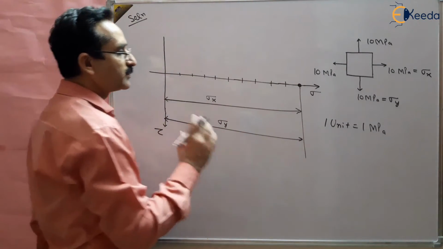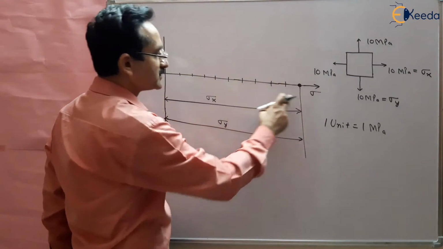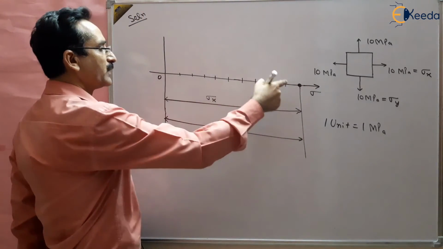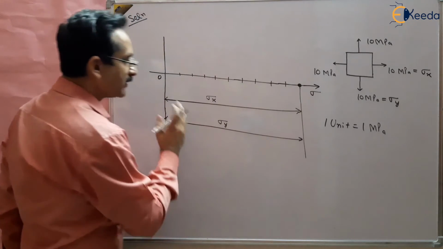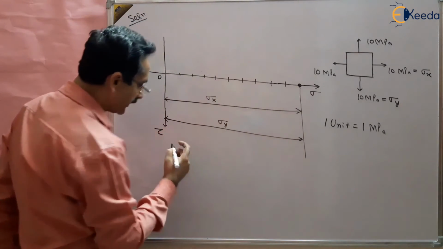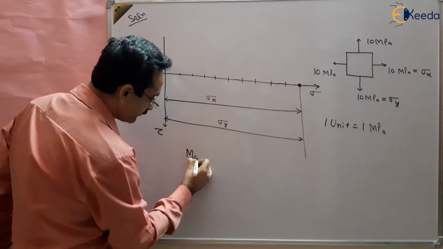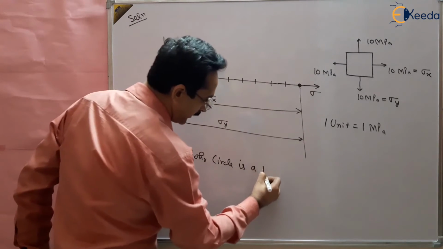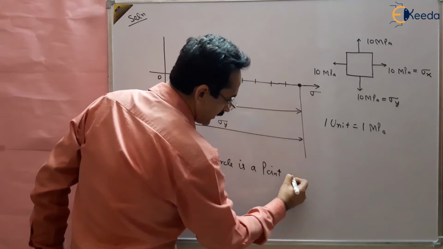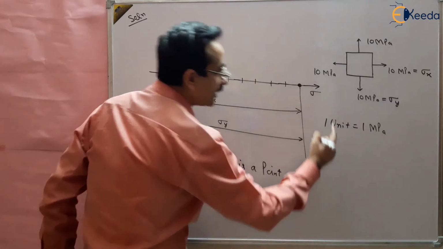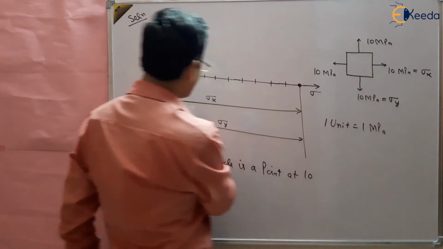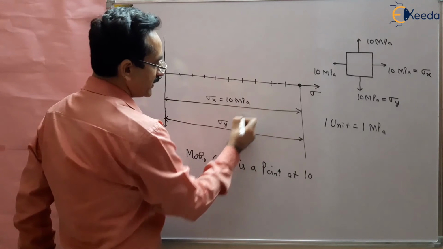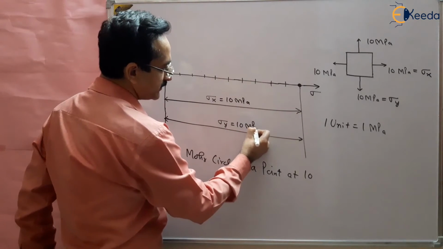So the point will be 10 units away from the origin, and it will be a point, right? So the Mohr circle is a point at 10 units, because 1 megapascal is 1 unit, so 10 megapascal is 10 units.